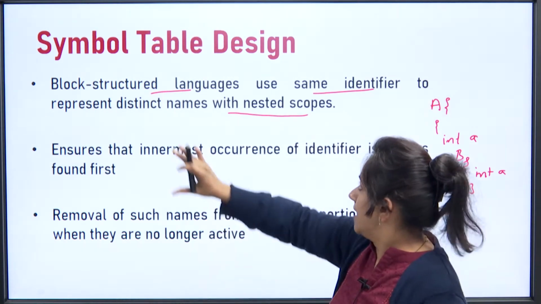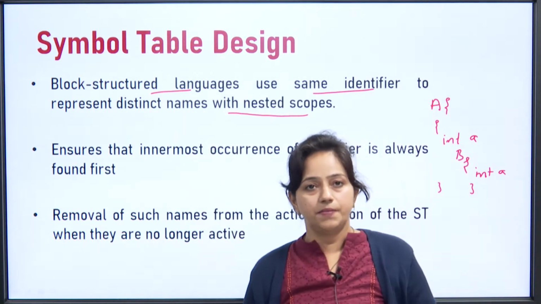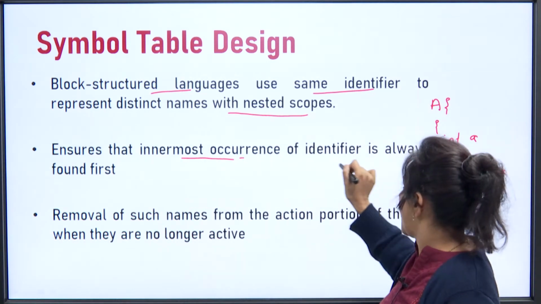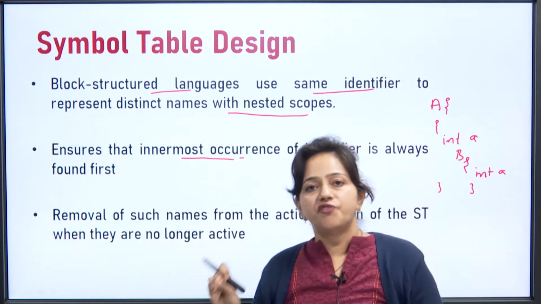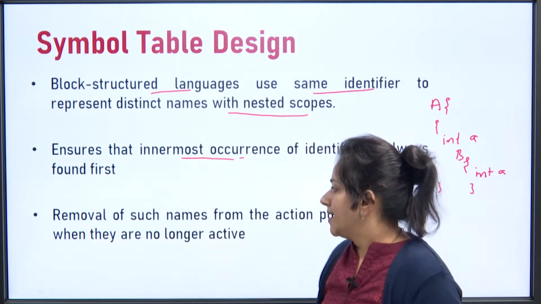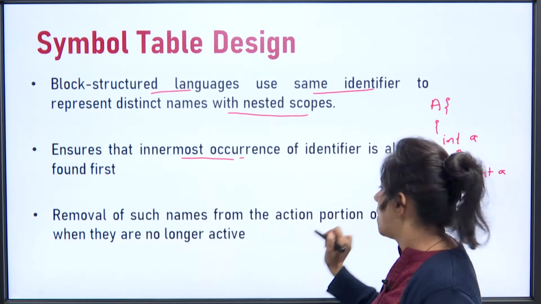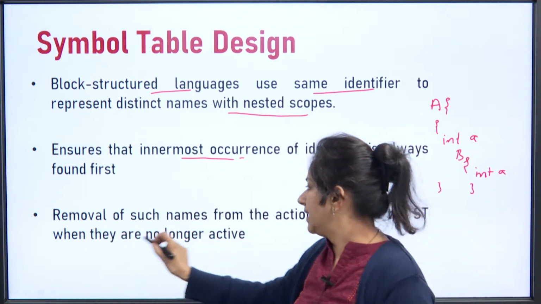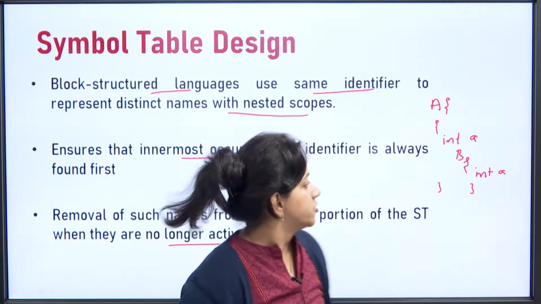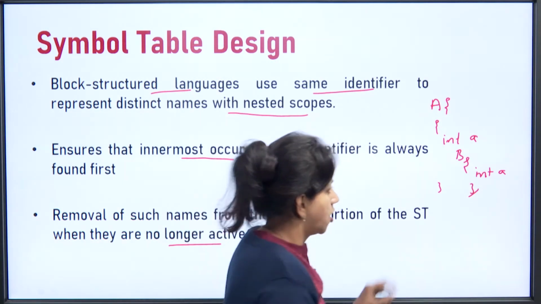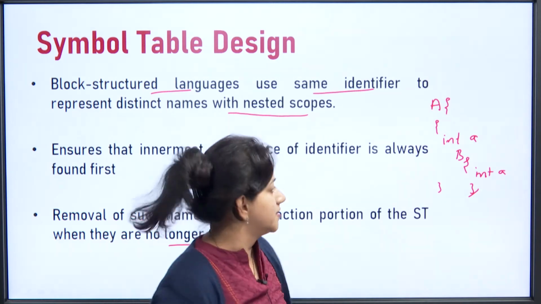So, when we are designing the symbol table, it needs to ensure that the innermost occurrence of an identifier is always found first. And next is the removal of such names from the active portion of the symbol table when they are no longer active. Suppose we have executed procedure B, now it is not active.